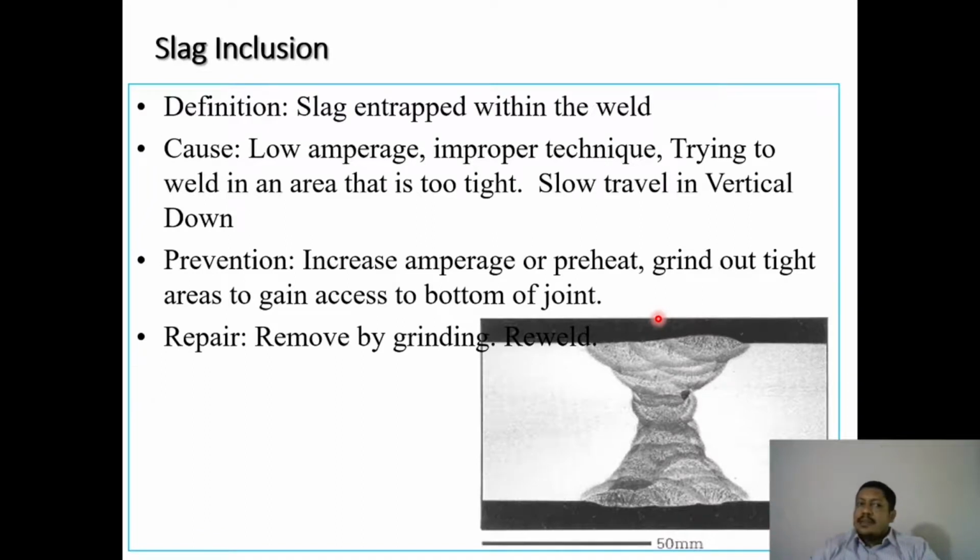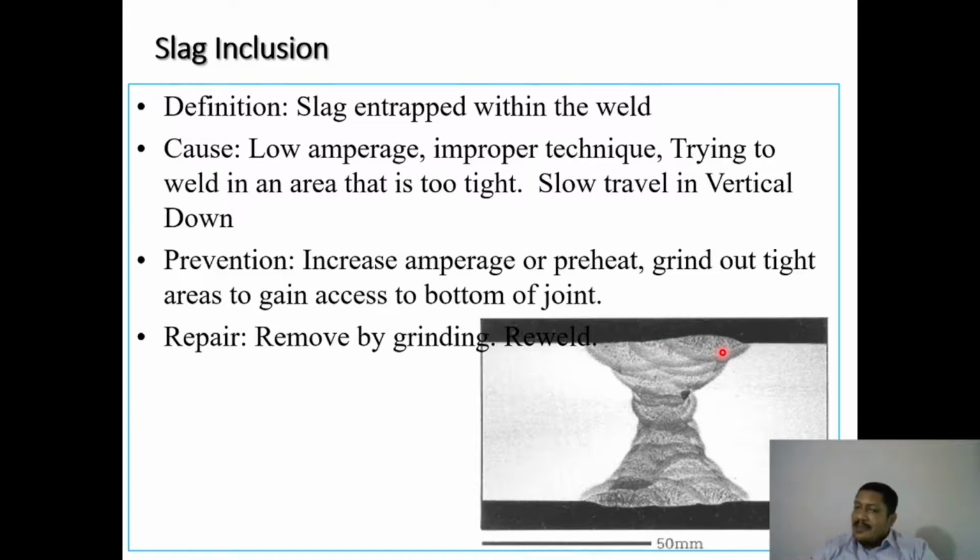The next one is called slag inclusion. That normally happens in the case of the SMAW process or multi-pass welding processes. Slag, as you know, is the impurities present inside the material. The flux reacts with the atmosphere as well as with the base metals to ensure that whatever impurity is present will float on the surface of your material.